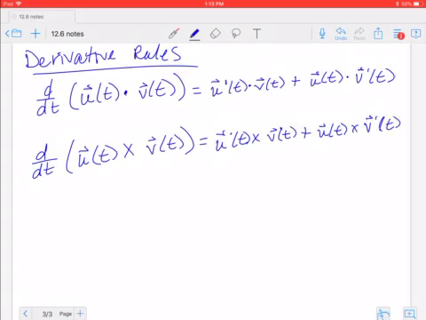So the setup is the same as the product rule. It's just what operation you are doing. If you start with the dot product, then you go with the dot product. If you start with the cross product, then you cross those two as you go through there.